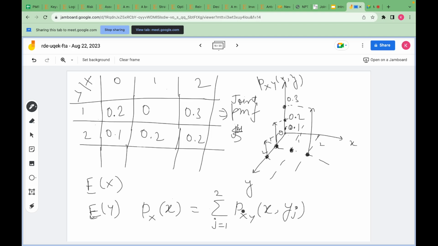So we will sum all the probabilities. We will take the sum over all the y's for that particular x_i.